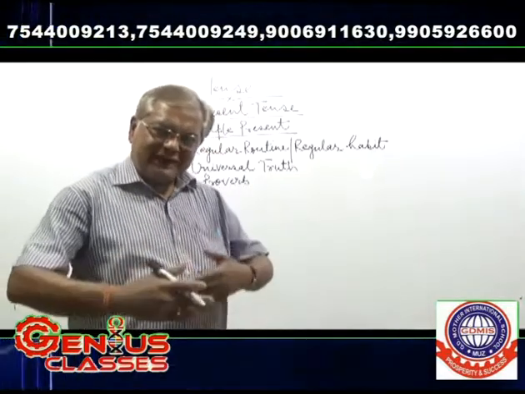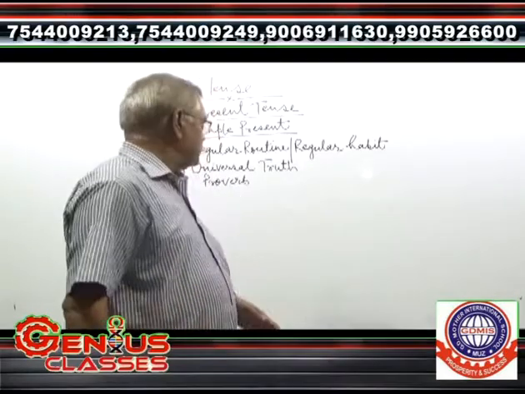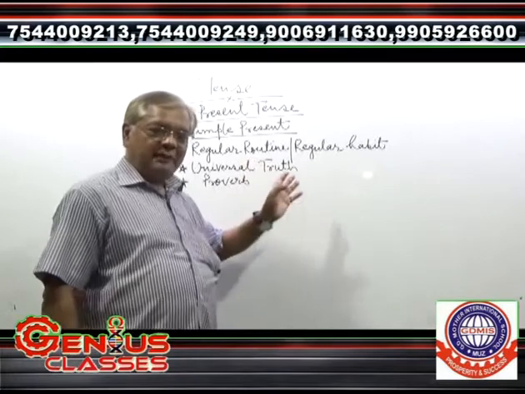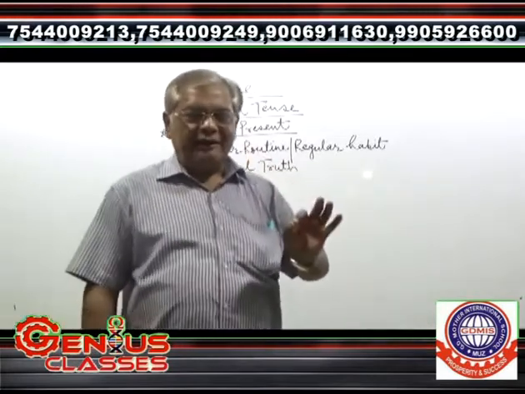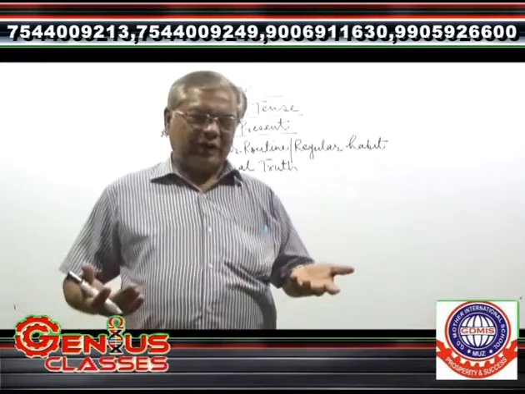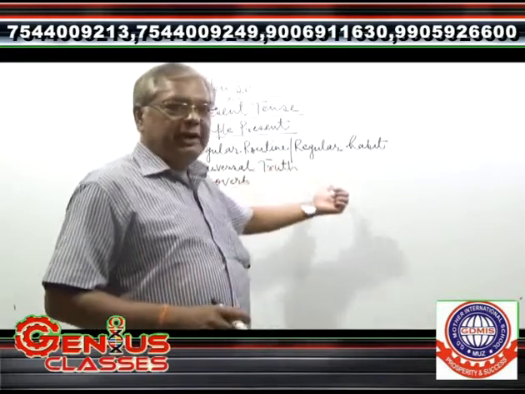So these are the kinds of actions which take place regularly. This is the process we have to follow, we have to identify, we have to understand, and then after that we can say that this particular sentence belongs to the simple present tense.